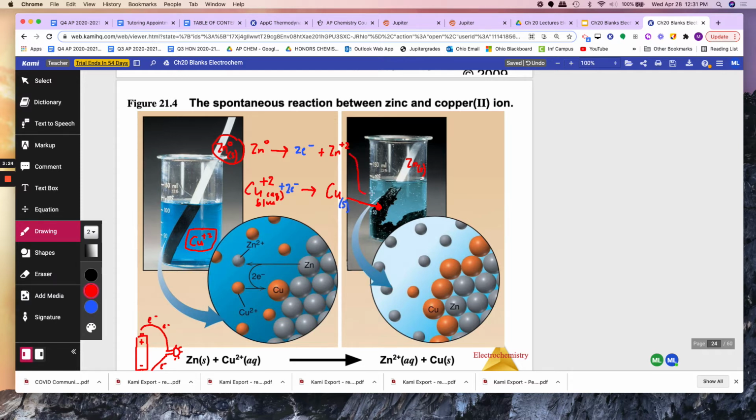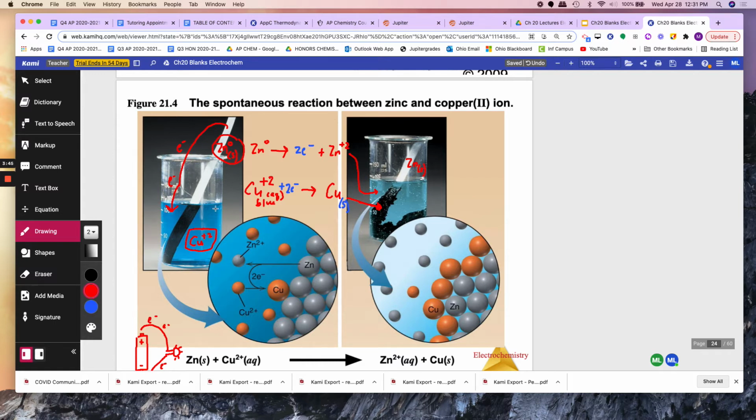You can't really see it, but it's in there somewhere as ions. So what happens here is the zinc is giving away electrons to the copper like this.